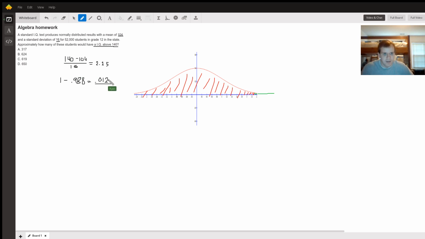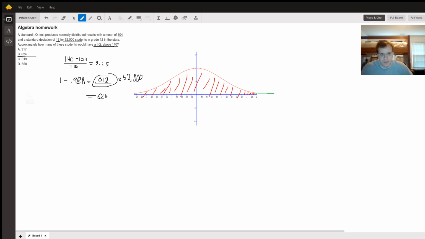Now we have to get the expected number of students that have an IQ above 140, so we multiply this by the number of students that we have. So we're going to multiply by 52,000. And I have it written down, and that is 624. And that is answer choice B.